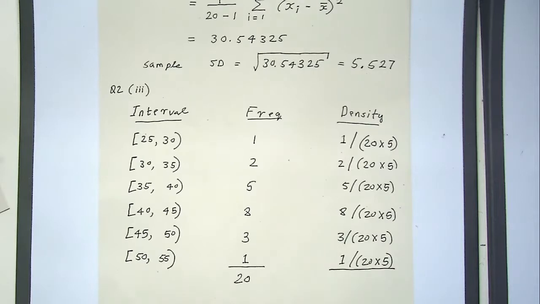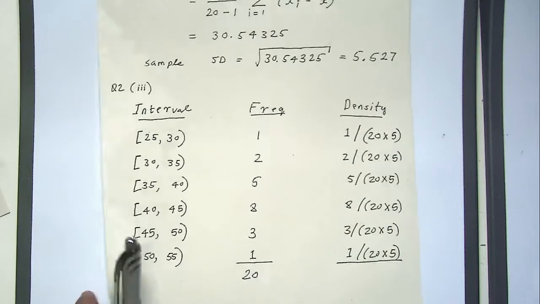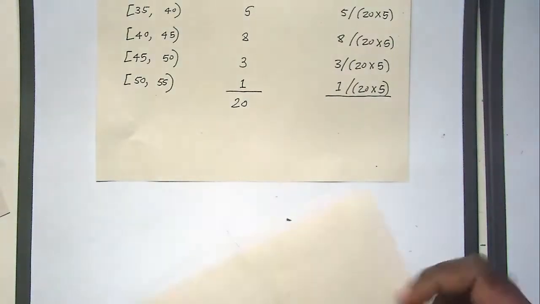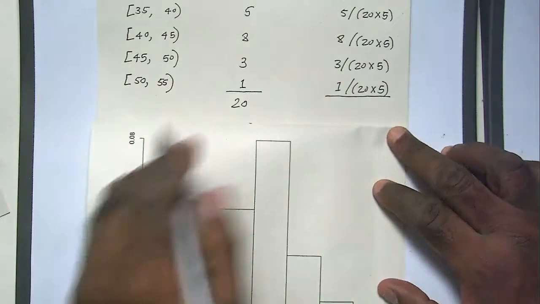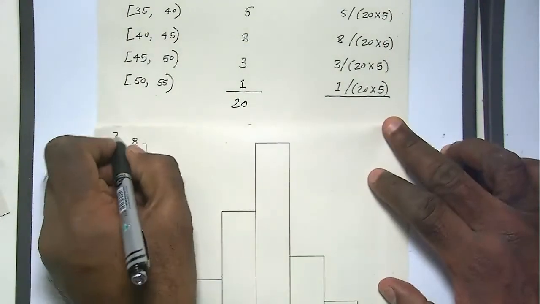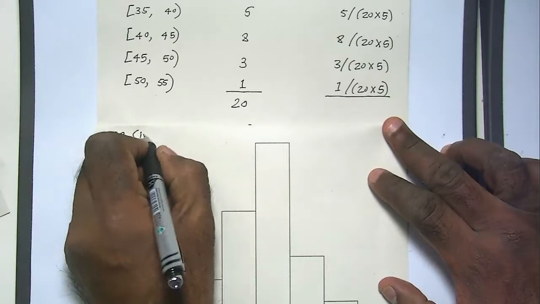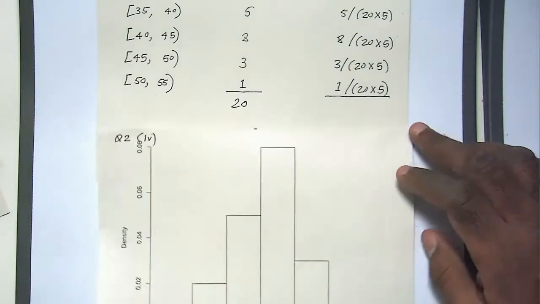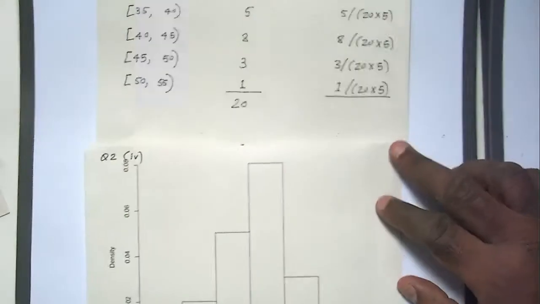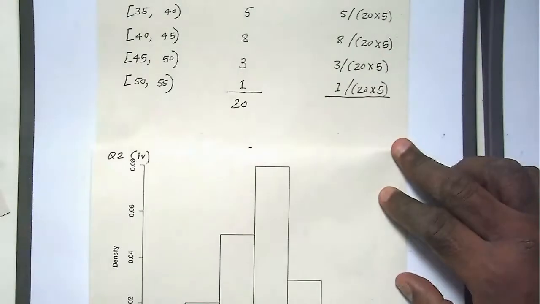All right. The reason that you have to divide by the length also is the following. It comes if you go to the next part. Let me show you. You should go to the next part, which is question 2, part 4. Okay. Now, what we have done is we have to get this histogram, right? We have plotted the density column versus the interval column.